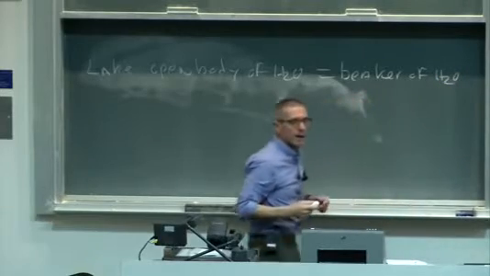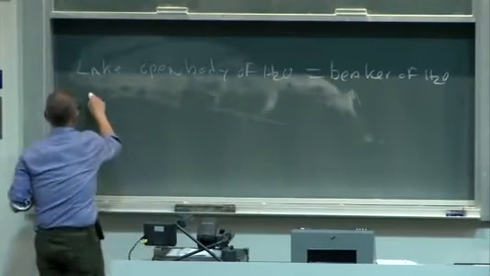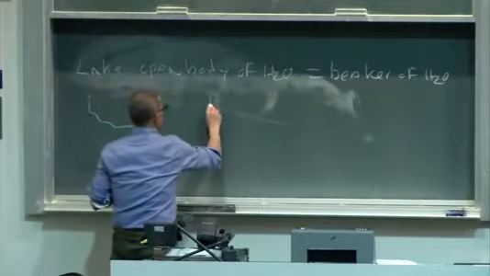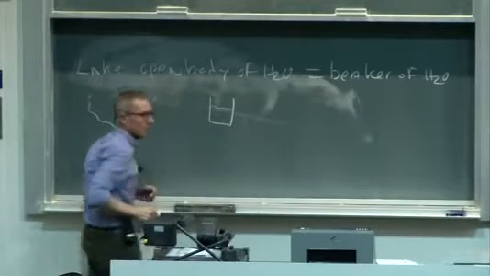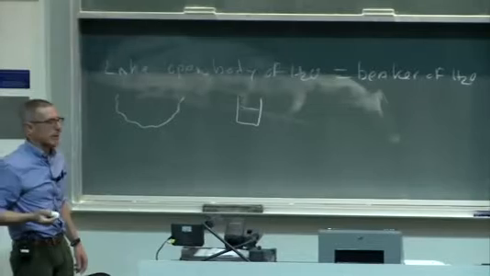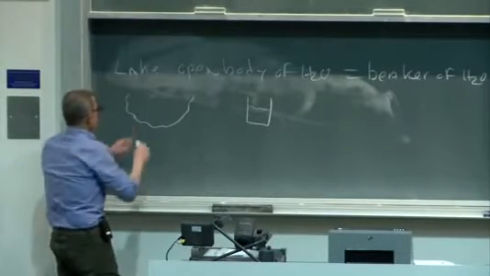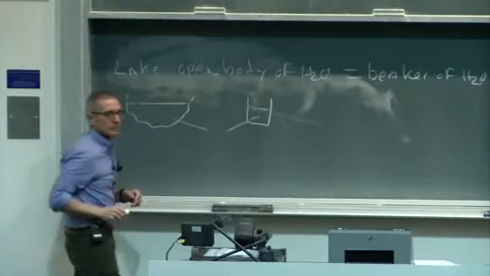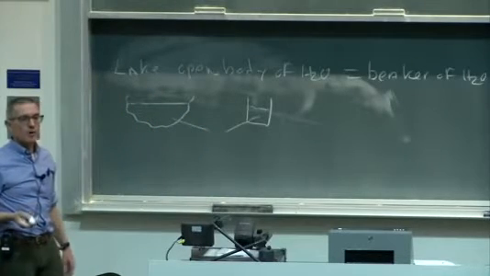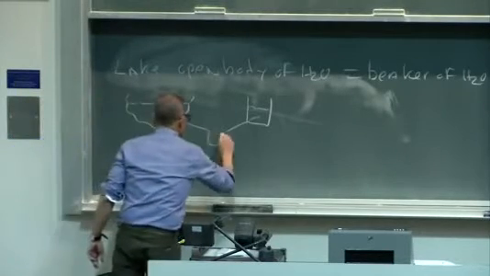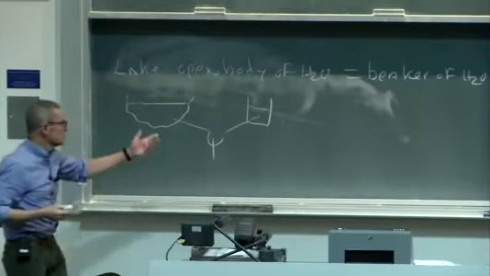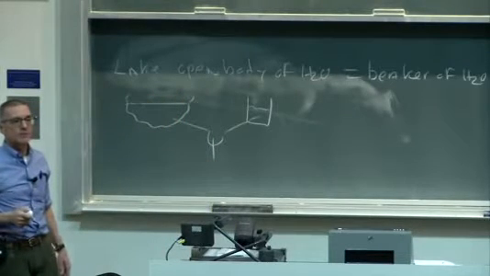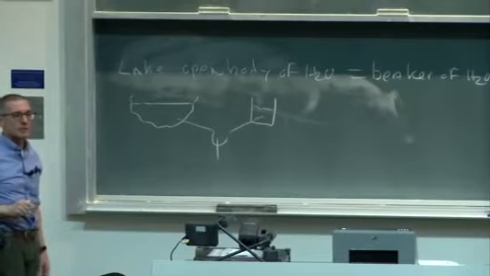Here we have our lake, and here we have our beaker, just to make it a little more lab-like. The water in the lake and the water in the beaker both have a water potential, a psi. Let's assume that the water in the beaker is from the lake, so they have the same water potential.